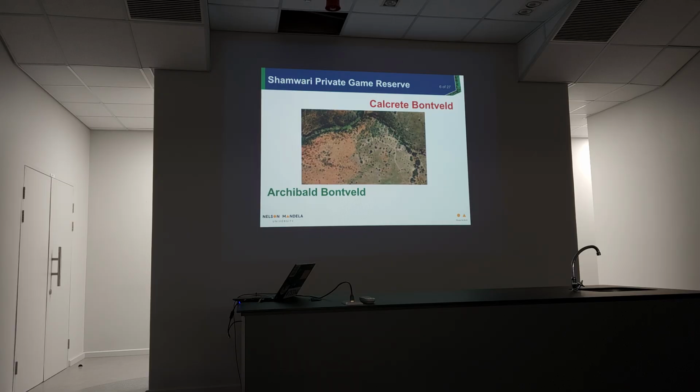In Shamwari, we have an opportunity to get even closer. You can very clearly see this is a small tributary of the river up here, and you can very clearly see the Calcrete Bontveld on the one side and the so-called Archibald Bontveld on the other.